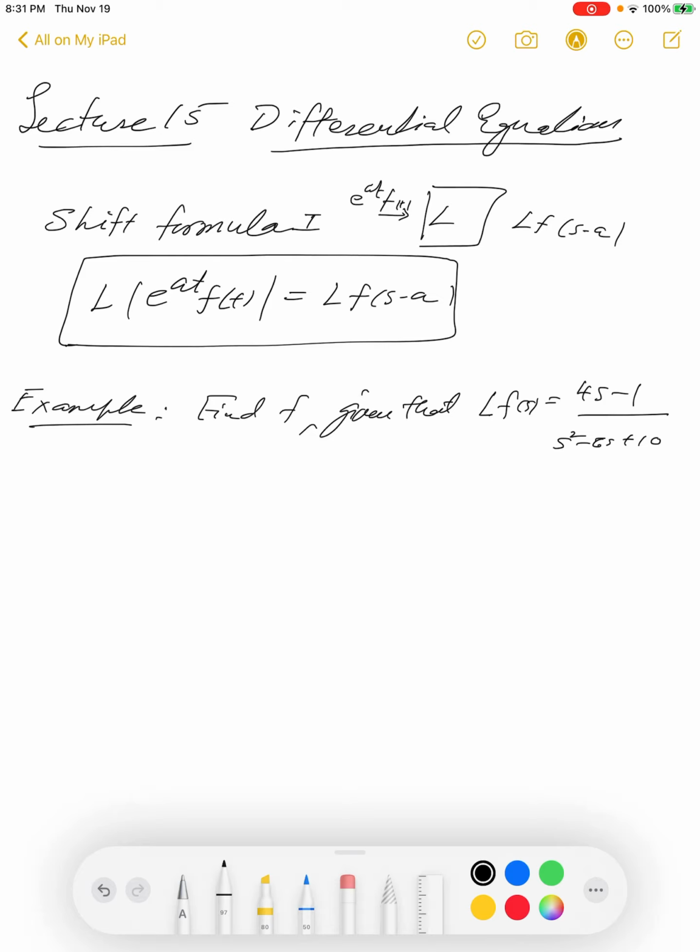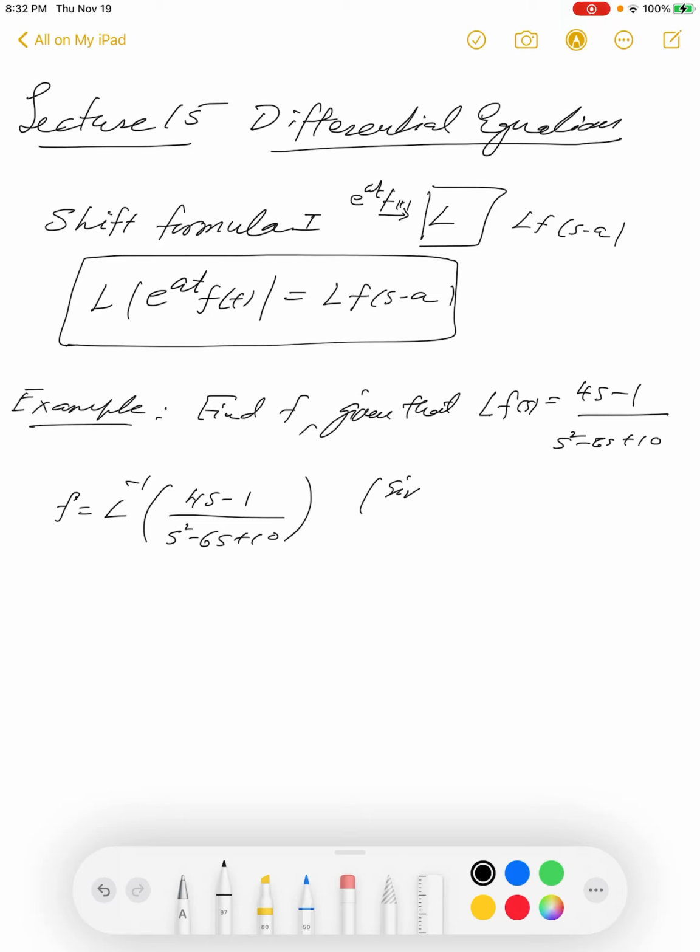So again, here you see that your denominator doesn't factor. So I want to find f, which is L inverse of 4s minus 1 over s square minus 6s plus 10. So you want to complete squares.